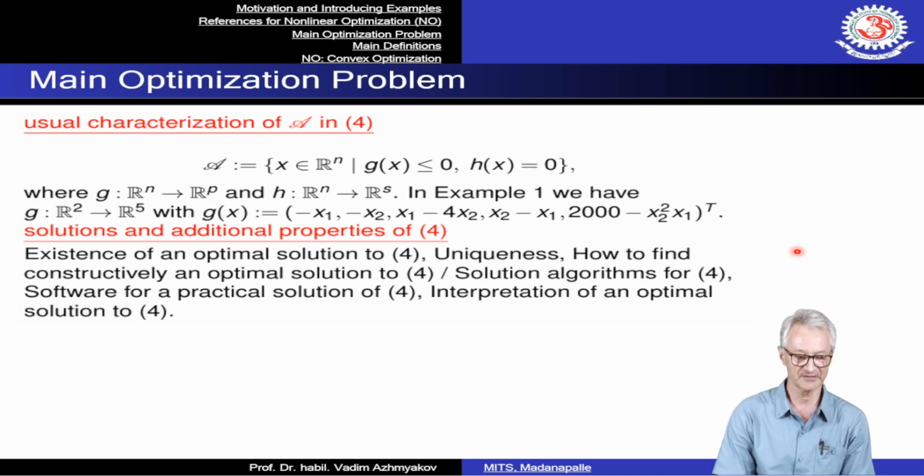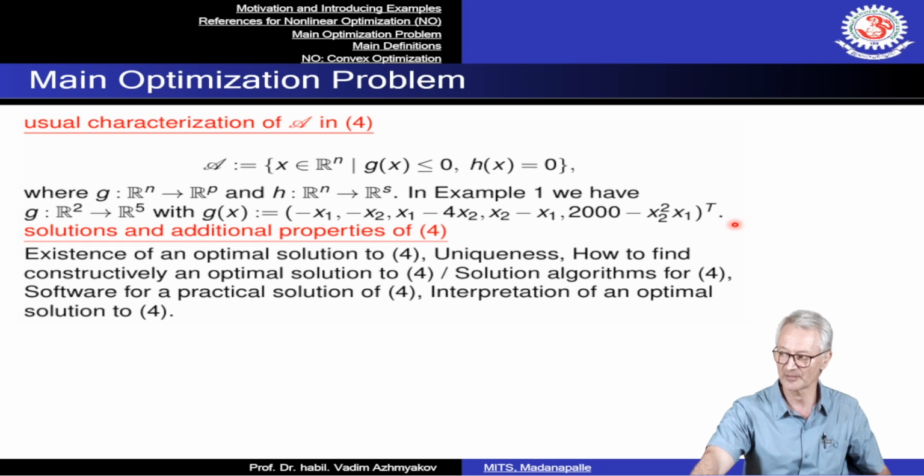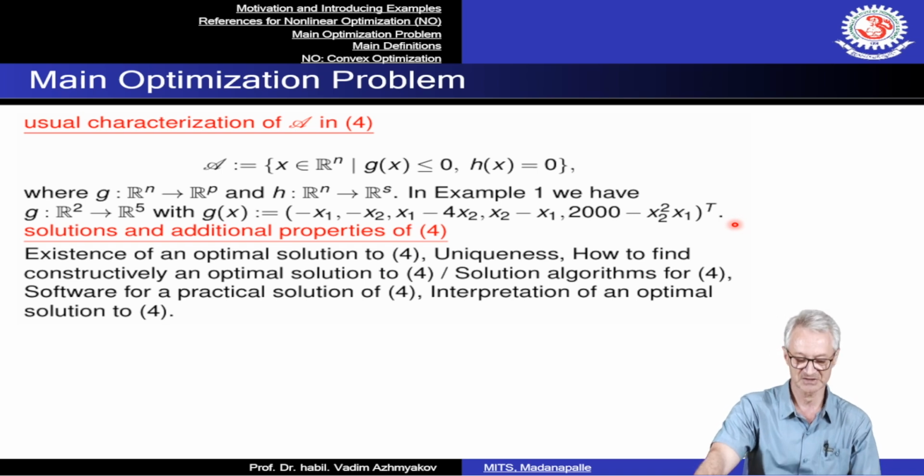And if we do that, we always get additional questions about existence and uniqueness of the optimal solution. This is a pure mathematical formulation and a very sophisticated question about existence and uniqueness of the solution of an optimization problem.